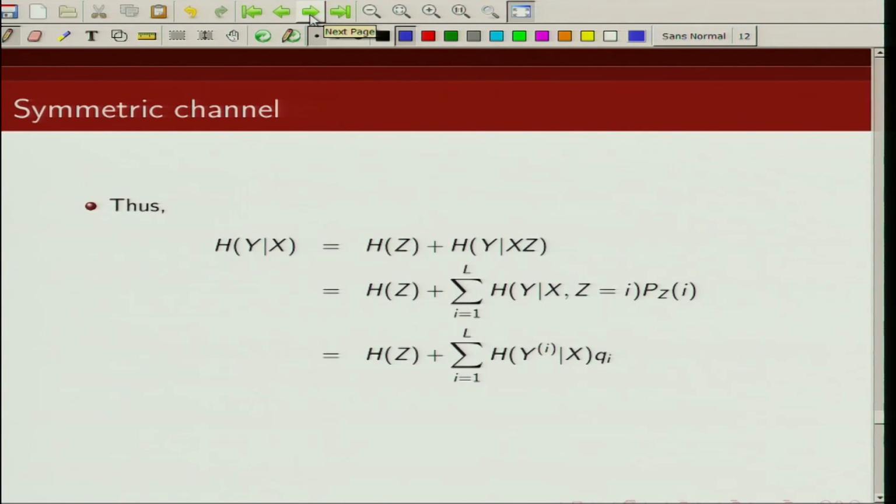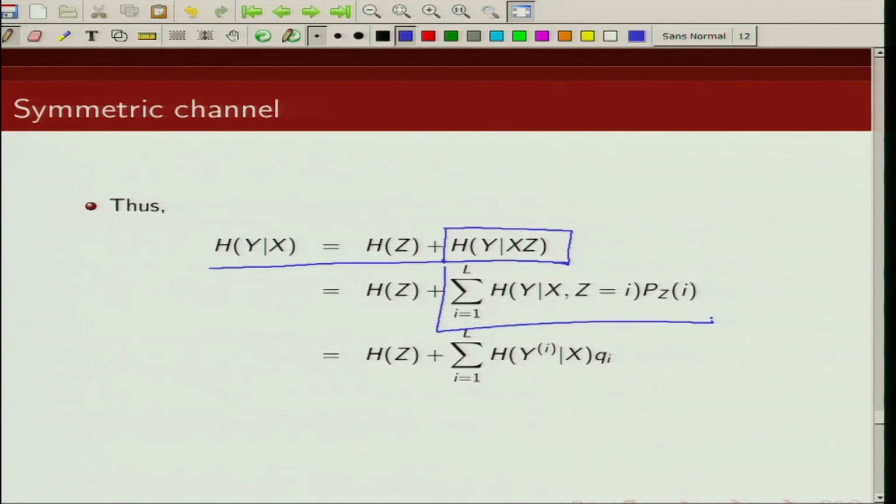Next, from the previous expression I can write h of y given x as h of z plus h of y given xz. Now I can expand this in this particular fashion. So this is uncertainty in y given x and given z is i multiplied by probability of z is i.